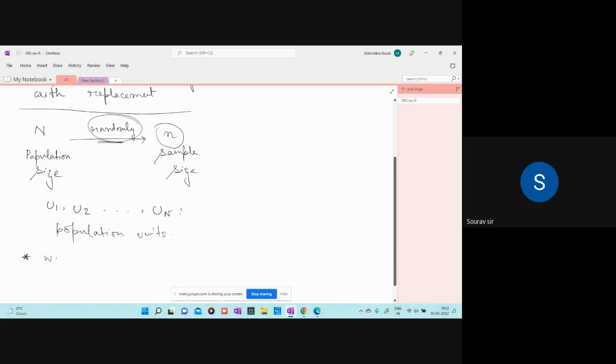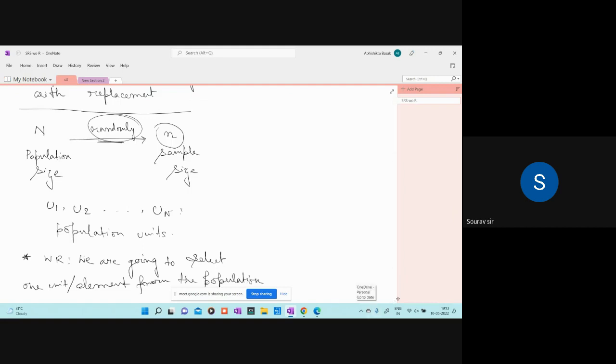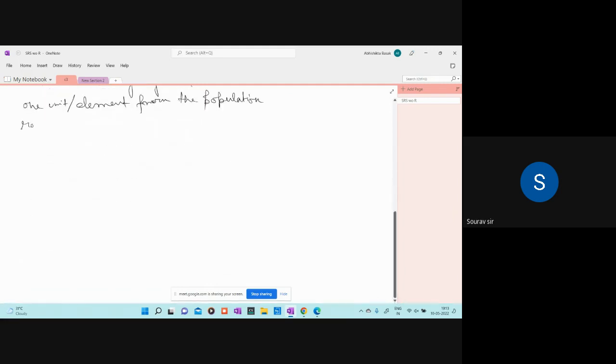So now we need to define the meaning of with replacement. That is, we are going to select one element or one unit, whatever you wish to write, from the population randomly, and after noting it down, we are going to replace it back.